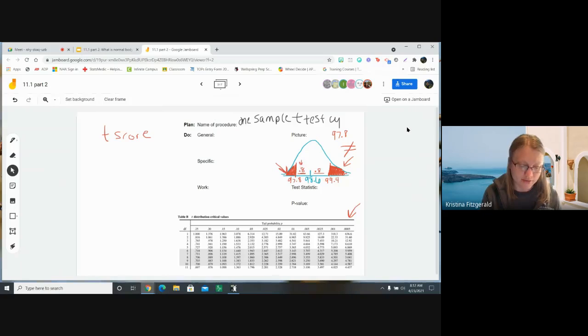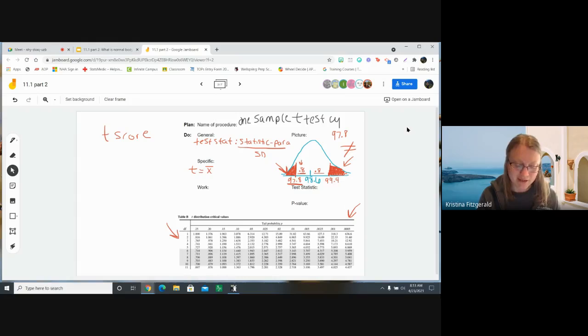For our test statistic, which is given on the AP exam formula sheet, you take your statistic, your data point, minus the parameter, which is your hypothesized value, and then divide by the standard deviation. In symbols, I want to convert my data value into a t value so I can look it up on the chart or plug it into the calculator.